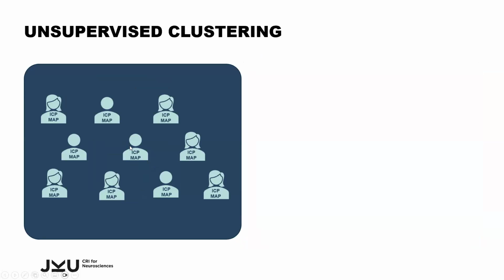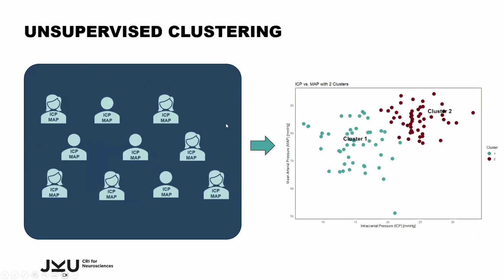There are various patients admitted to an ICU. They have, for example, intracranial pressure monitoring and blood pressure monitoring. The question can be: are there groups of patients with similar monitoring characteristics that may benefit from a certain therapy? To answer this question, you can apply unsupervised clustering and obtain, for example, two groups: patients with slightly higher ICP and a group of patients with slightly lower ICP.